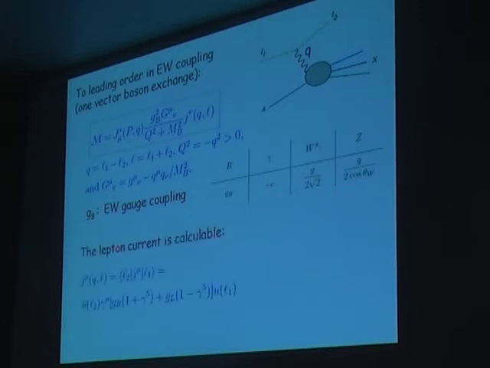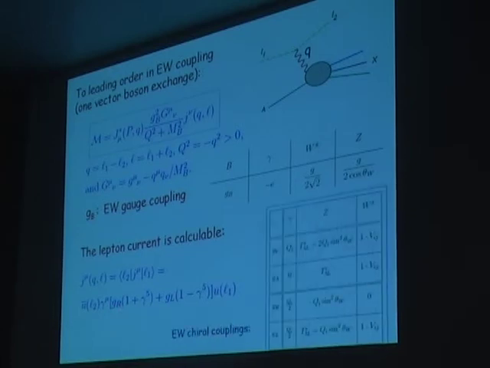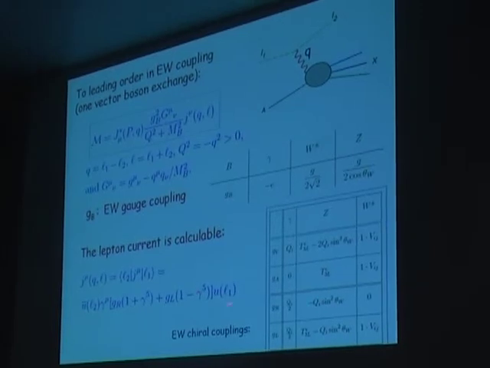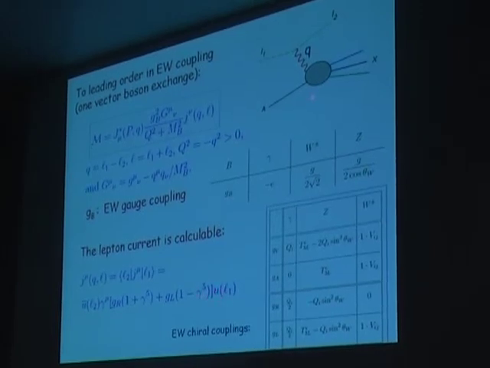The lepton current part is calculable, right? It's given by this expression with left-handed and right-handed chiral couplings. Similarly, if you have quarks, it's of the same structure, although we are, of course, interested in hadrons, not in quarks and gluons.